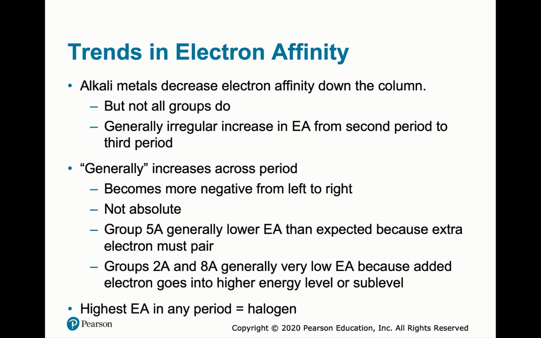So generally it becomes more negative from left to right. That makes sense though, because the effective nuclear charge is increasing. Look, it's not absolute. Group 5A tends to be slightly lower because the electrons have to pair up, and groups 2A and 8A generally have very low values because the electrons have to go into a higher sublevel. But the highest electron affinities are the halogens.